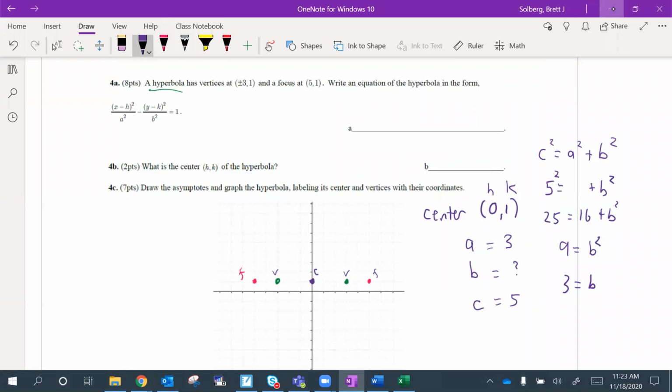What did we say a was? a was 3, squared. I was solving it in my head already and I jumped ahead. Sorry, that should be 9. And 25 minus 9 is 16. Sorry, I got a little mixed up. Thanks for calling me out there. So b is actually going to be 4. Is that a little better?